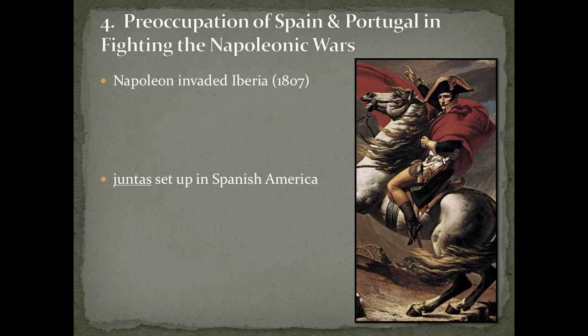One of his key targets was the Iberian Peninsula, Spain and Portugal. And if you remember, one of the things he did in any nation that he conquered was remove the old absolute monarchs, the old dynasties, and replace them with family members. And that's exactly what he does to Spain.